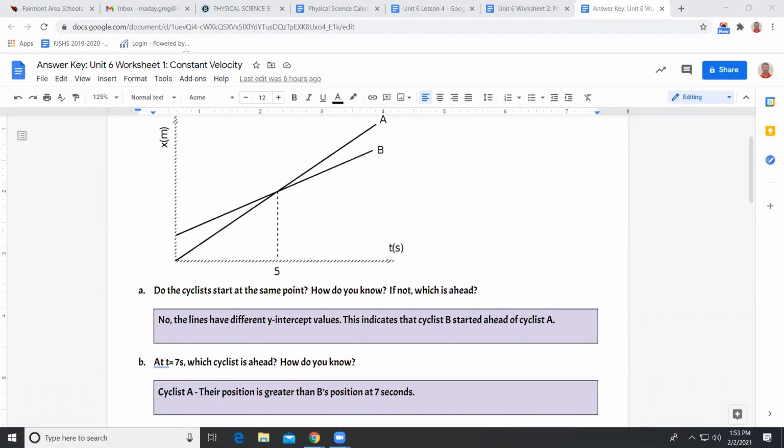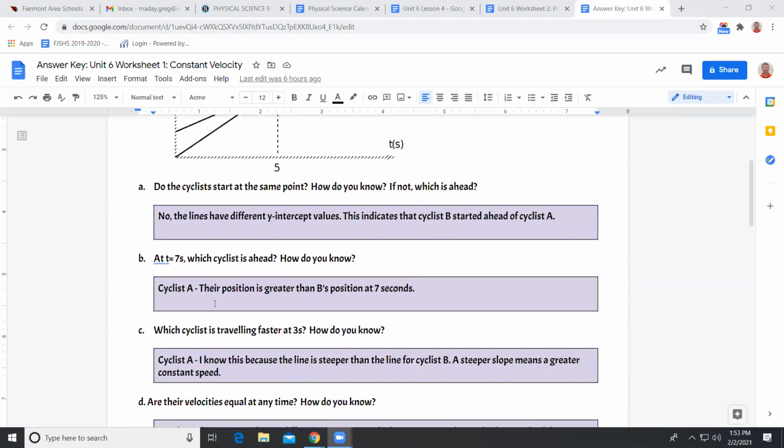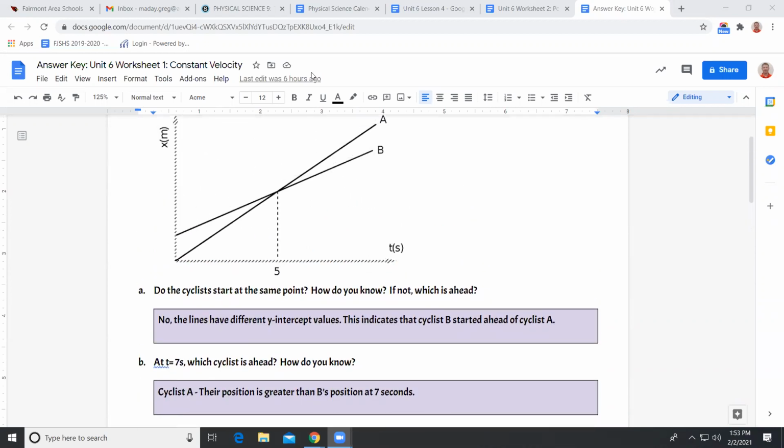Okay. So again, C says, which cyclist is traveling faster at 3 seconds and how do you know? Remember, the key thing we're looking at for speed is that the steeper the line, the faster that person is traveling. So we look at 3 seconds, which would be a little bit past half. The green line would indicate our 3 seconds. But again, the key thing is the steepness of the line.